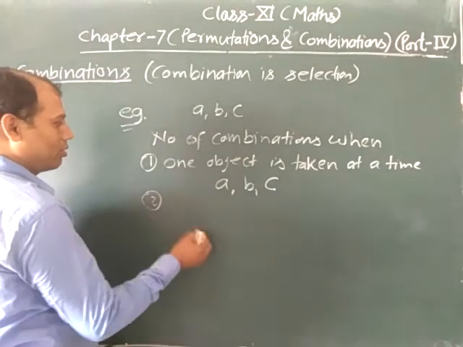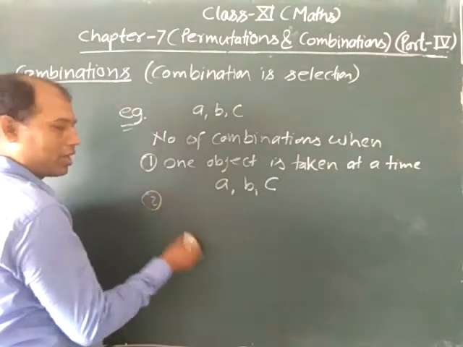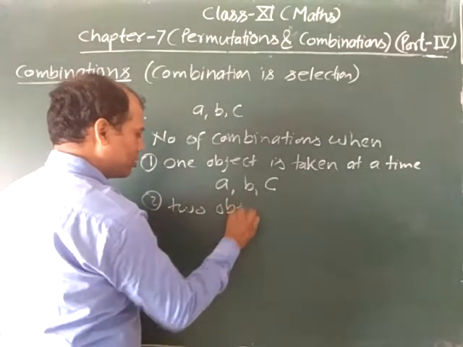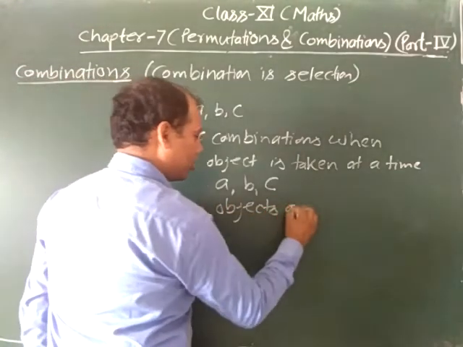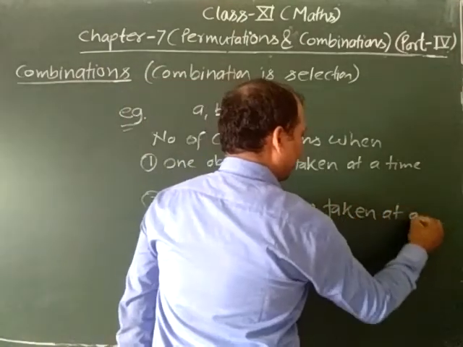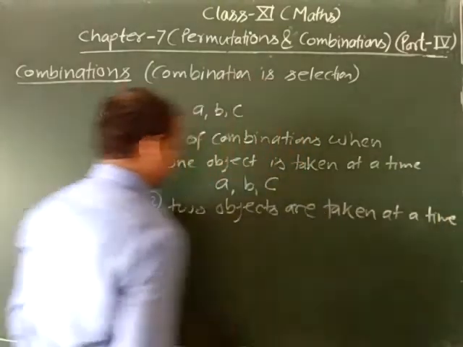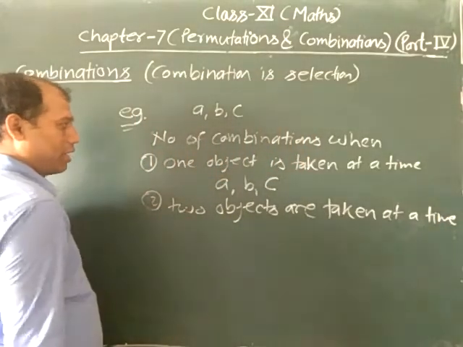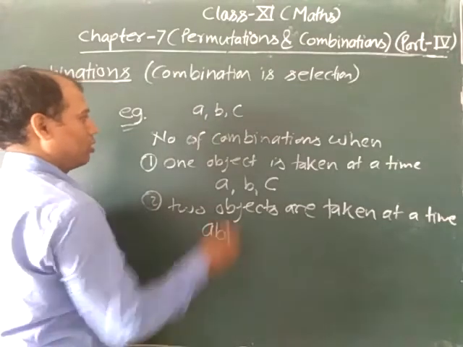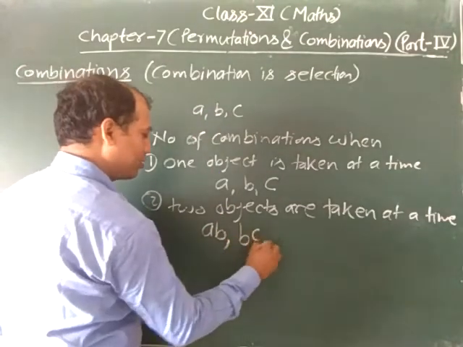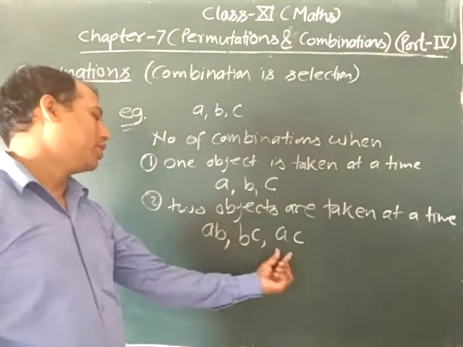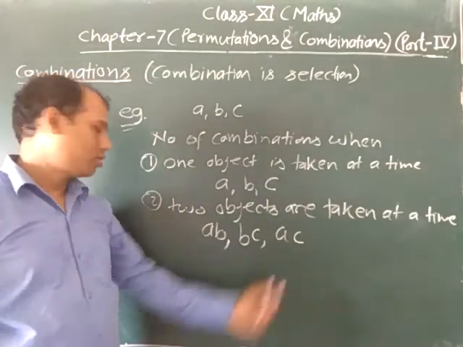Now we have to find when two objects are taken at a time. Then the selection is either A and B, or B and C, or A and C. There are three selections.